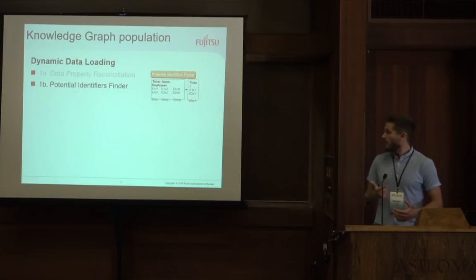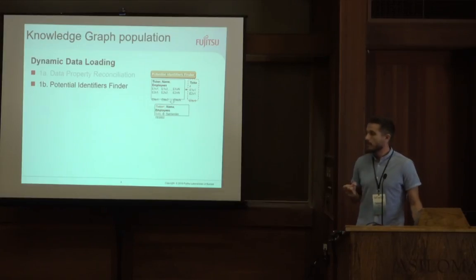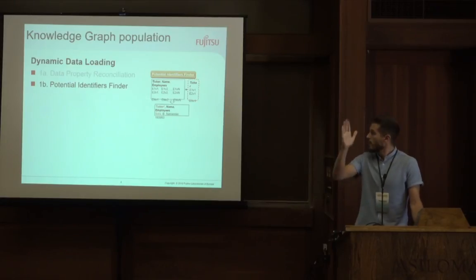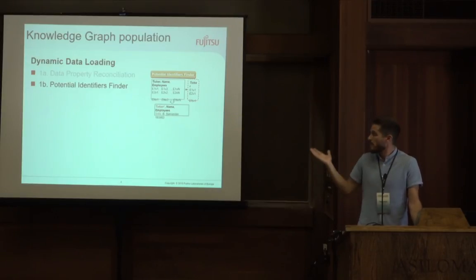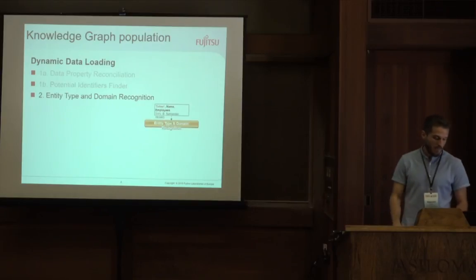The second thing is to check if these values are already stored in our knowledge graph, and then we get a recommendation saying, okay, maybe you can use this column as a potential identifier, which is basically a primary key, or other users suggested that this column is also a potential identifier. In this case, we are just getting that the ticker is a primary key and is used as an identifier.